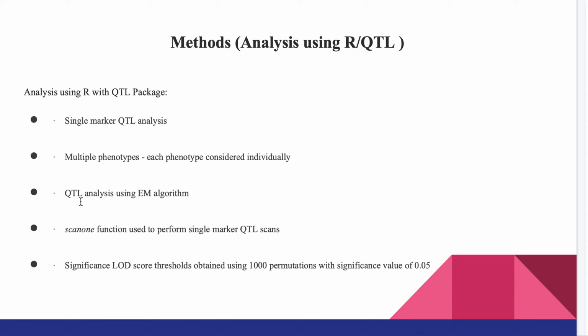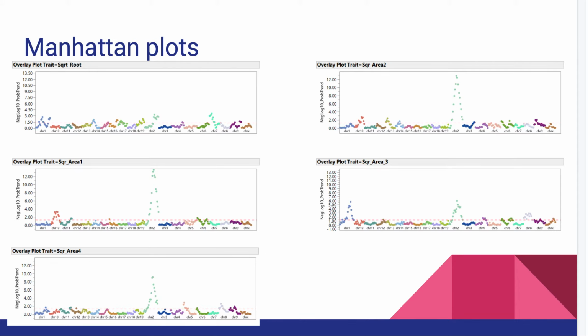The QTL analysis was done using the EM algorithm, using the scan1 function to perform single marker QTL scans, and the significance LOD or log odds score thresholds were obtained using 1,000 permutations with a significance value of 0.05.